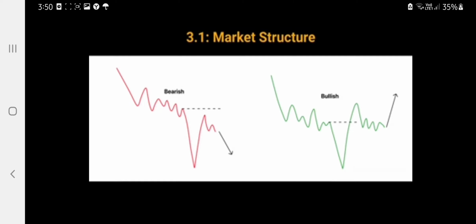I hope that makes sense. Taker side moves the market. The maker side, which is the limit order, sets the key levels of support and resistance, but it's only the taker side that will continue to move the market until it reaches sufficient support or resistance to reverse.